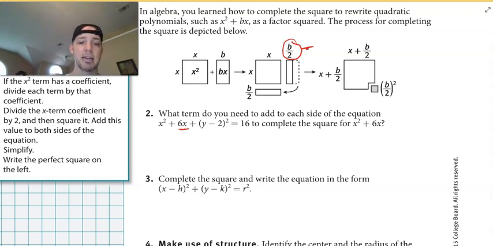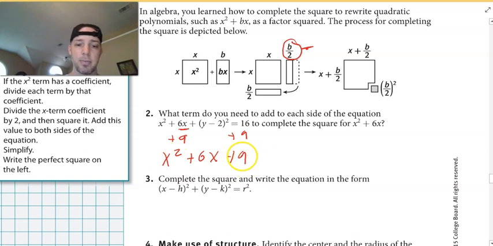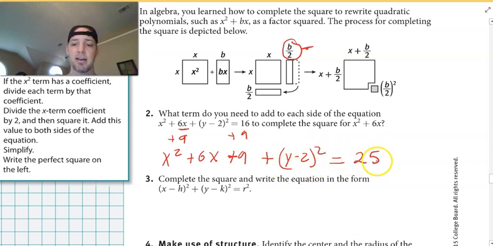I could add 9 to both sides of the equation. And that would allow me to get x squared plus 6x plus 9 plus y minus 2 squared equals 16 plus 9, which is 25.